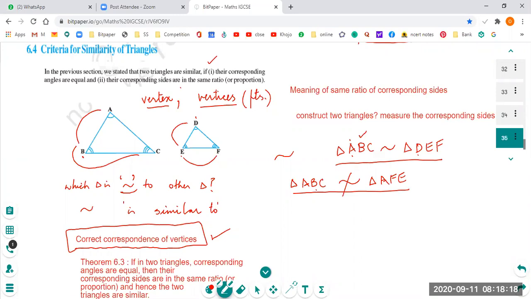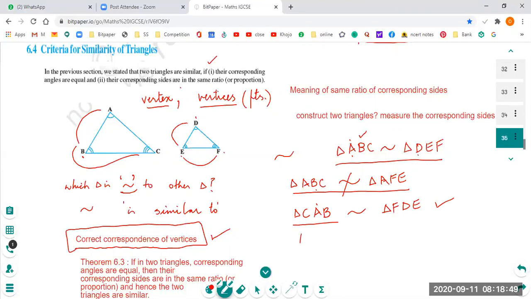Similarly, change the order of vertices. If you say triangle CAB is similar to triangle, instead of C you write F, it's correct; instead of A you write D, it's correct. FDE. This is right. This is correct correspondence of vertices.